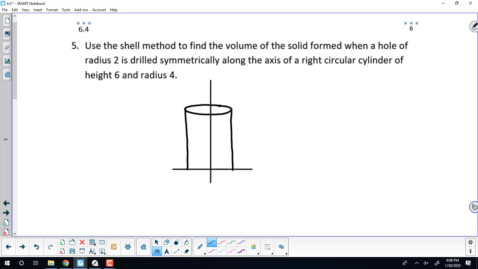We want to think about summing up a bunch of areas times a tiny thickness, which would give us the volume. So we're going to translate this into a simpler situation and think, what if I revolved something around this axis? What would I have to revolve around this axis to get this shape?